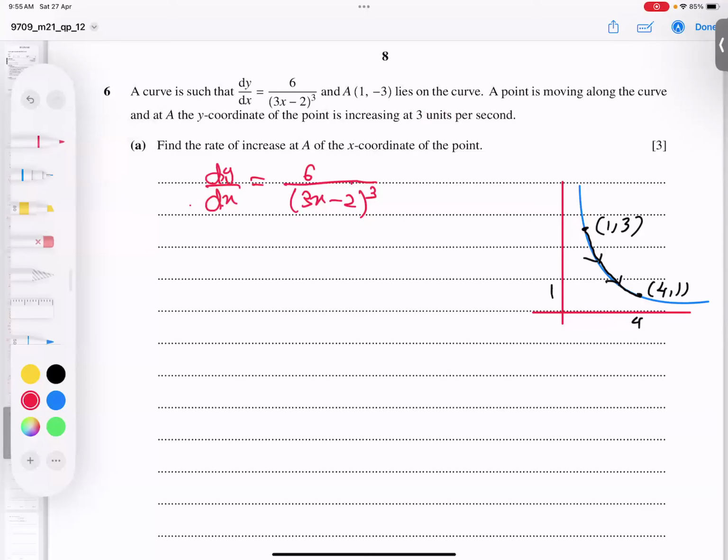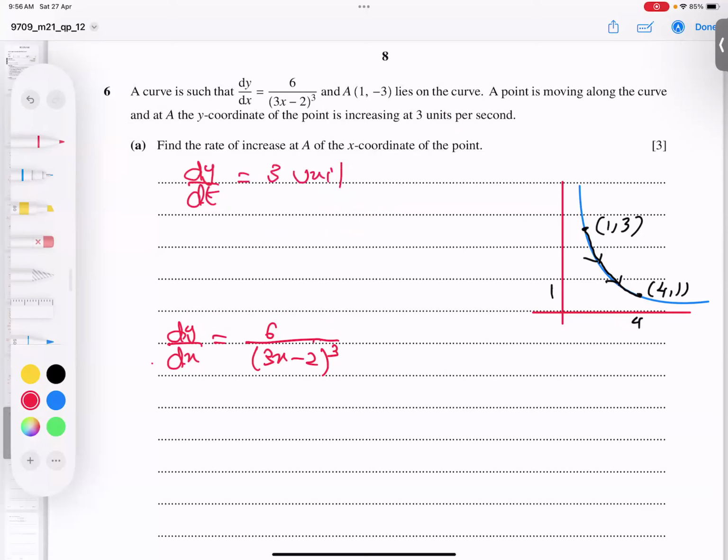I can get from here dy over dt is given, 3 units per second. And he said find the rate of increase at A, but what rate of increase of x? So dx over dt is our target.